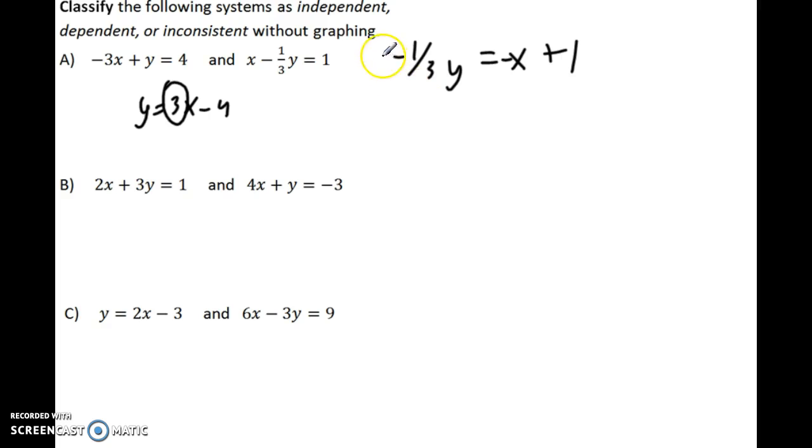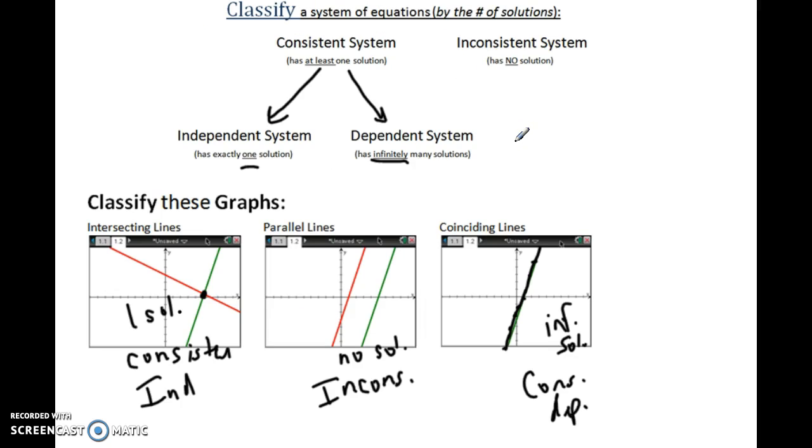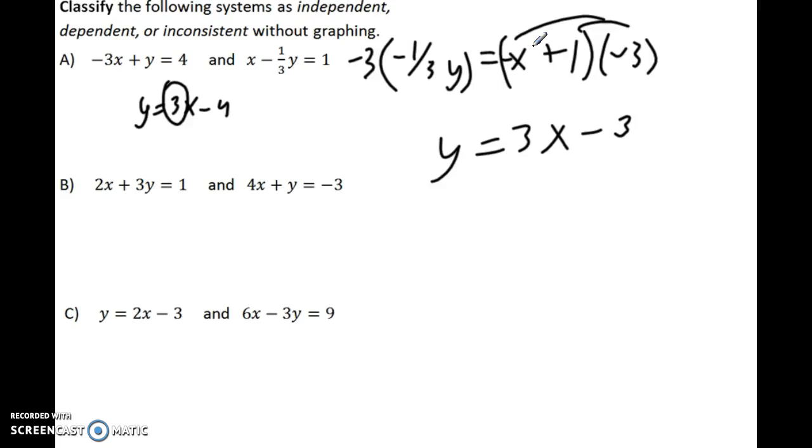Divide by a third, or maybe it'd be easier to multiply everything by -3. So I get y equals positive 3x minus 3. So this is a positive 3, this is positive 3. They have different y-intercepts. So those must be an inconsistent system, because there is no solution there.